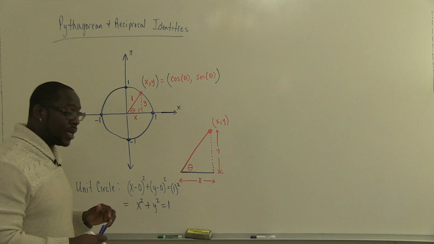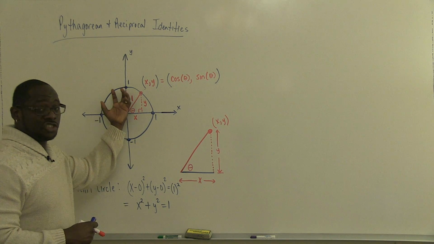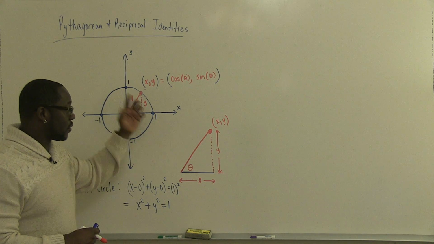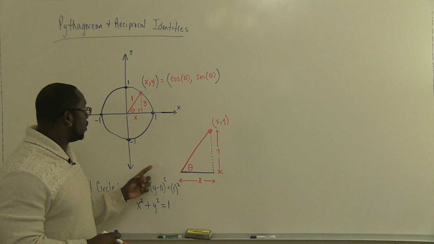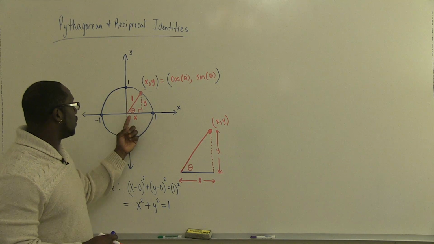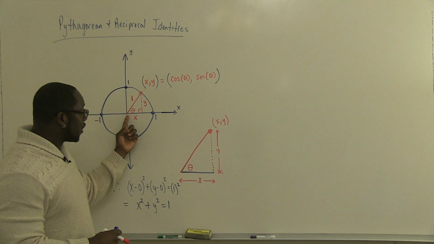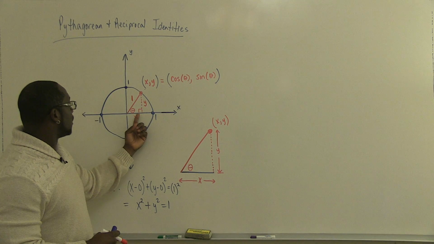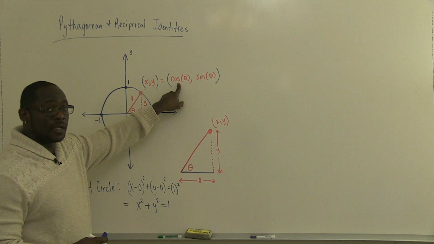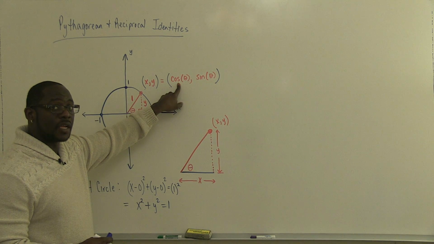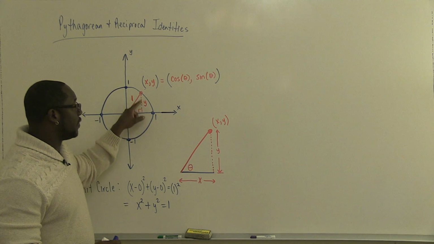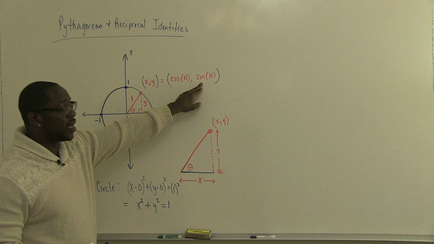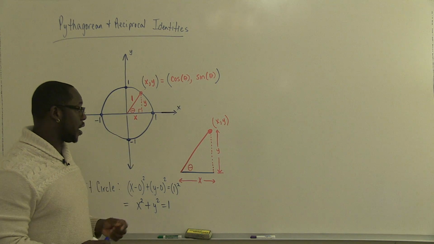If we just took that particular right triangle and extracted it out of the unit circle, it would look like this. Okay, and so we know that with the unit circle here that the connection is that this x coordinate here is the same thing as cosine of this particular angle, theta. And we know that y, which is the vertical component, is sine of this particular angle.